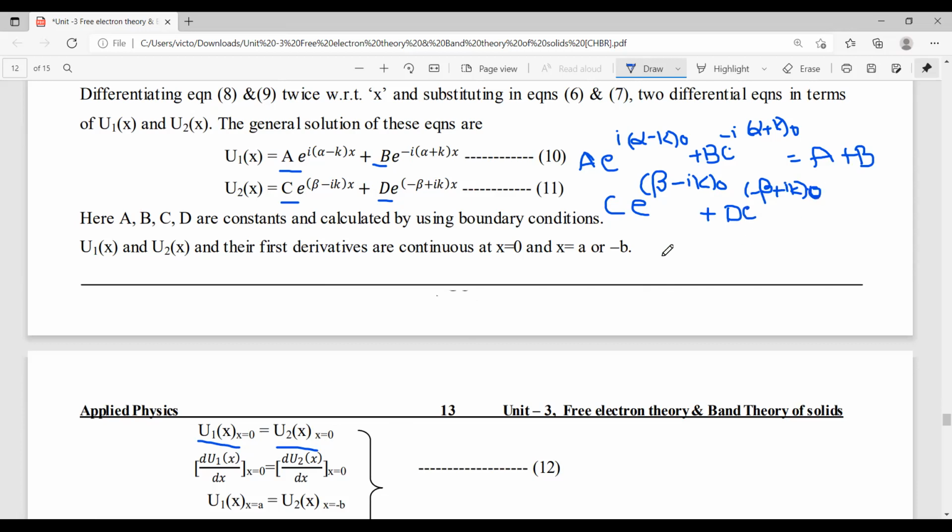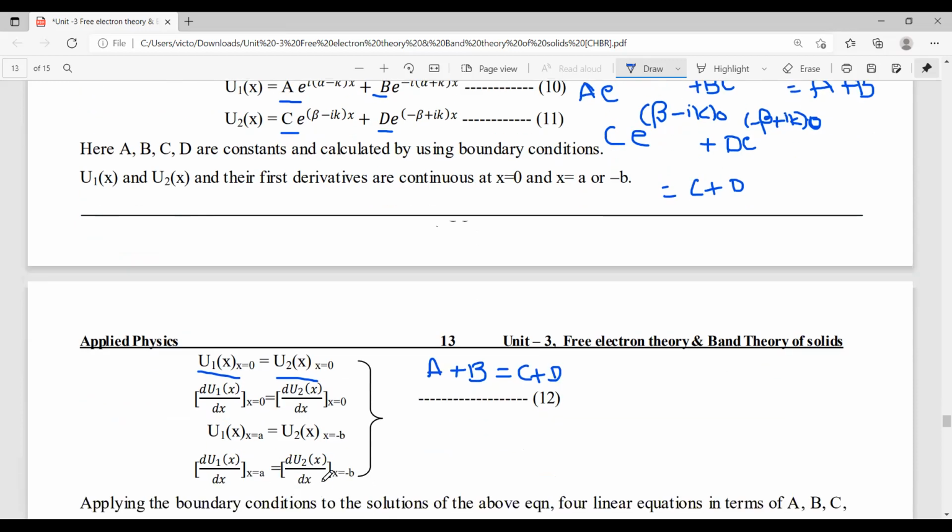Zero into anything is 0, and e power 0 is 1. So we get c plus d. By taking u1 of x at x equal to 0, we get a plus b, and u2 of x at x equal to 0, we get c plus d. Now this equation becomes a plus b equal to c plus d.